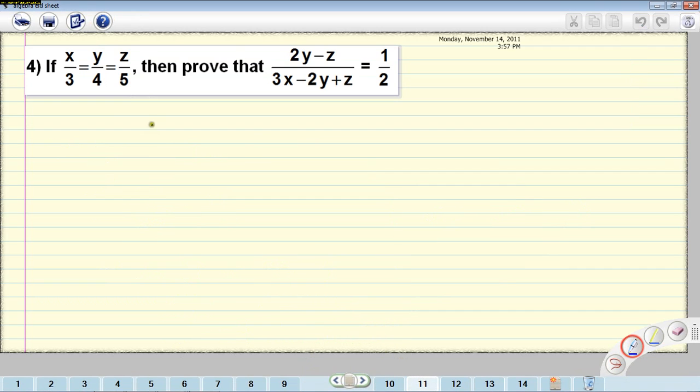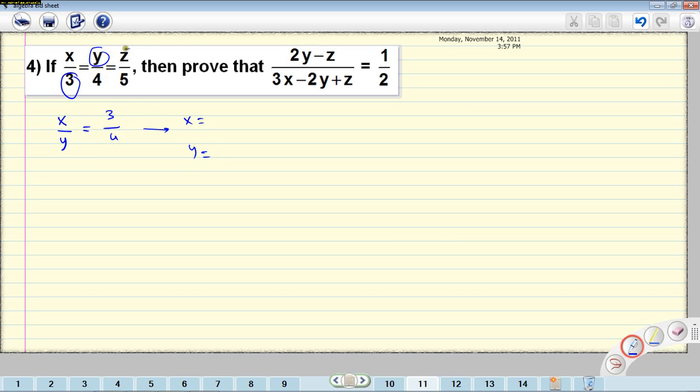This is x over 3 equals y over 4 equals z over 5. First, I'm going to arrange this because it's not arranged. It's x over y equals 3 over 4. I switched it, 3 and y, so I can write now that x equals 3m and y equals 4m. And also, I'm going to arrange this.